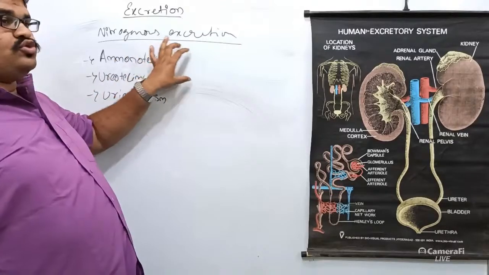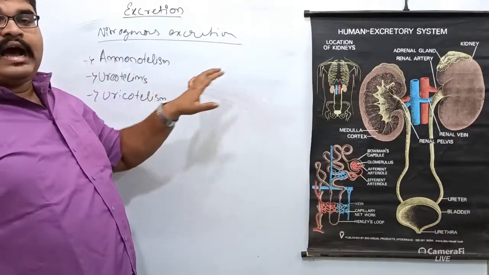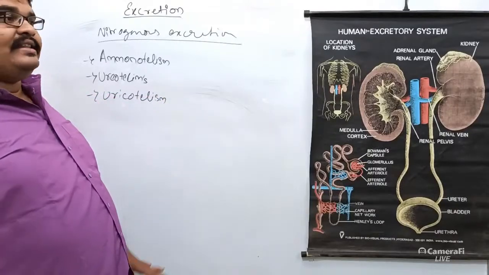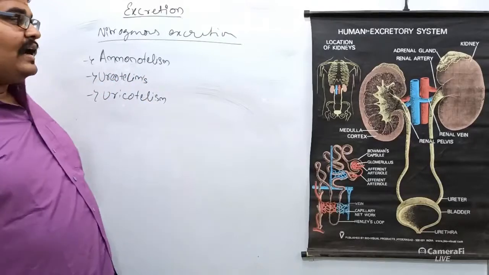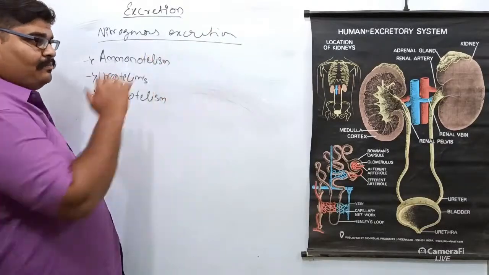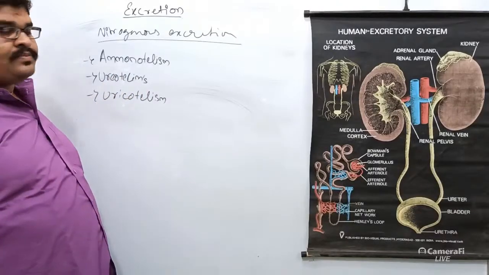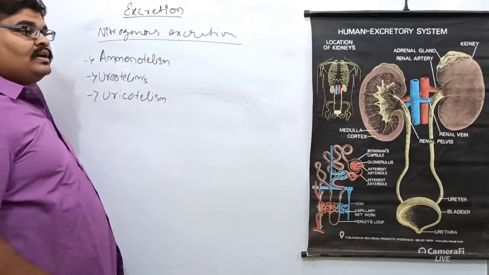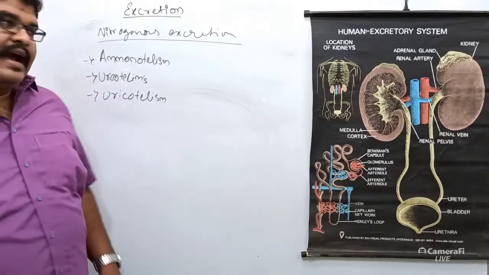The organism which excretes ammonia as its waste is known as an ammonotelic organism, and this is ammonotelism. Then what is ureotelism or uricotelic organisms? Ureotelism is for the organisms which excrete urea.